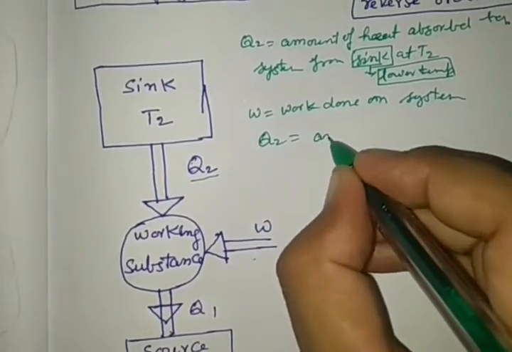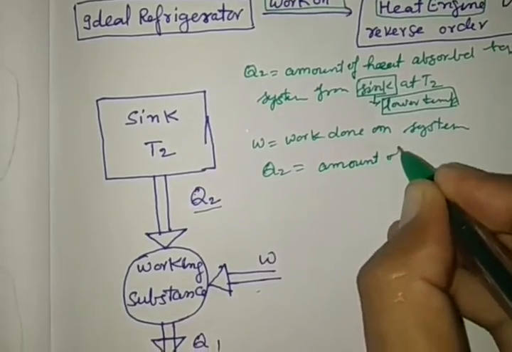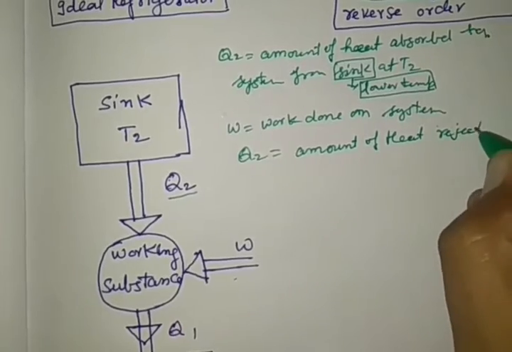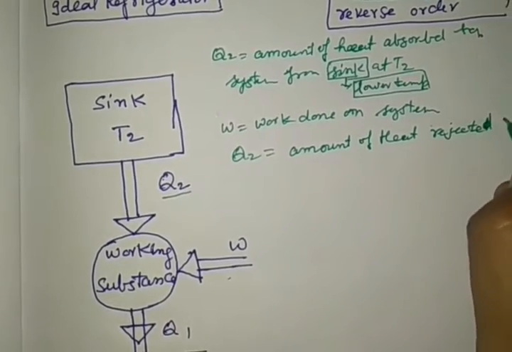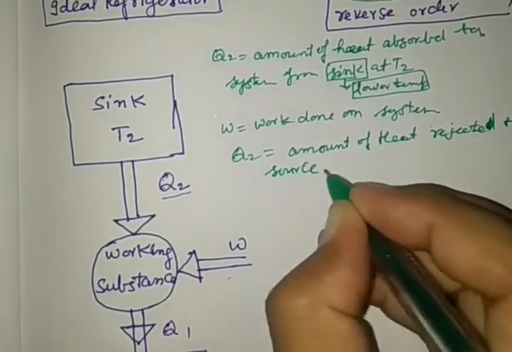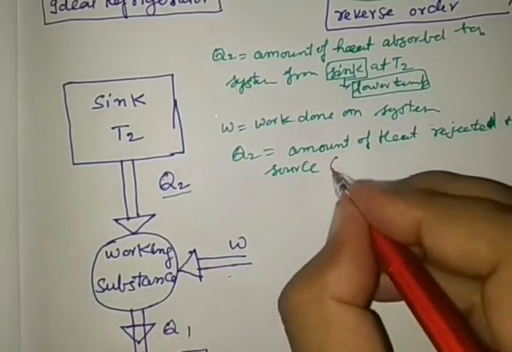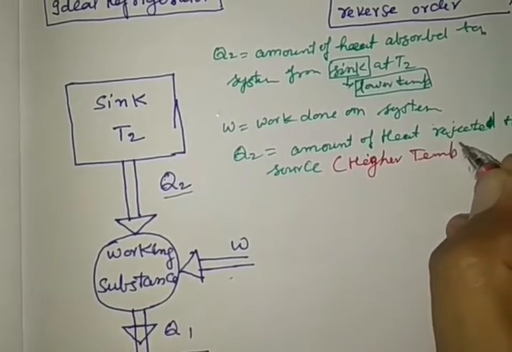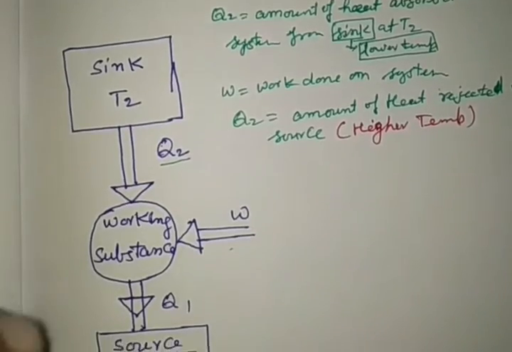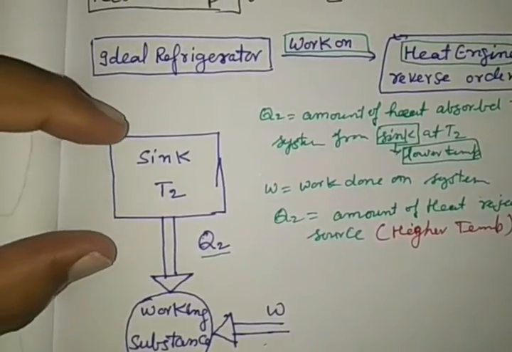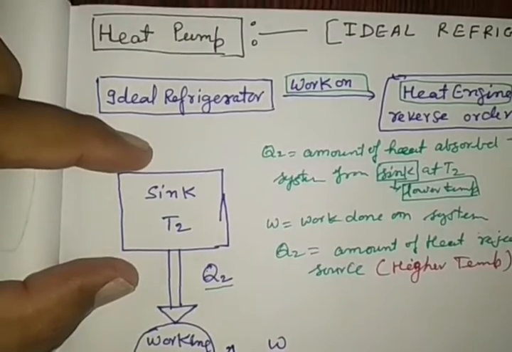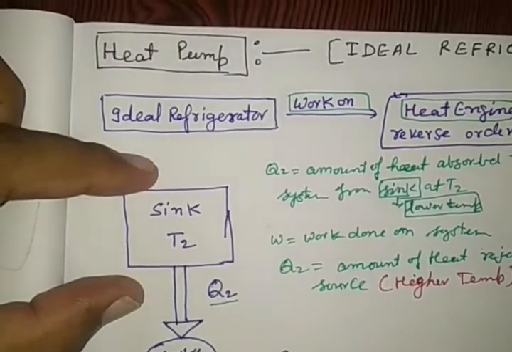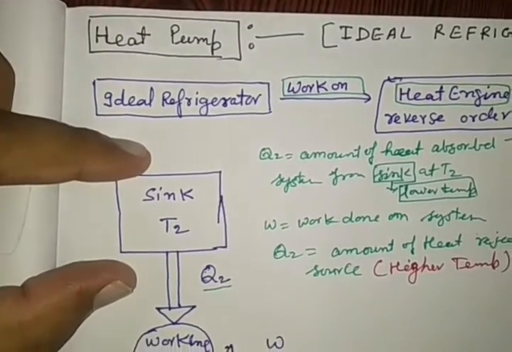Q1 is the amount of heat rejected to the source. Source means higher temperature. Right? See, here in the fridge, the sink is inside the freezer, where the system takes heat from the sink.